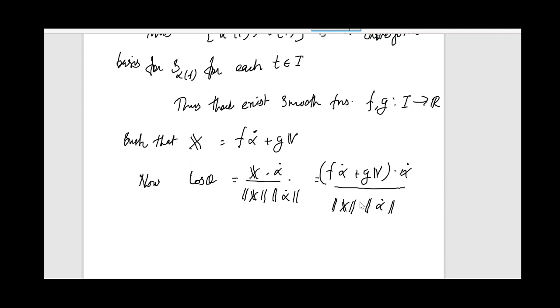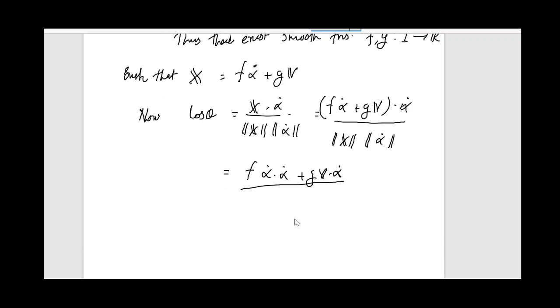Now this equals f into alpha dot dot alpha dot plus g into v dot alpha dot, by norm of x into norm of alpha dot.